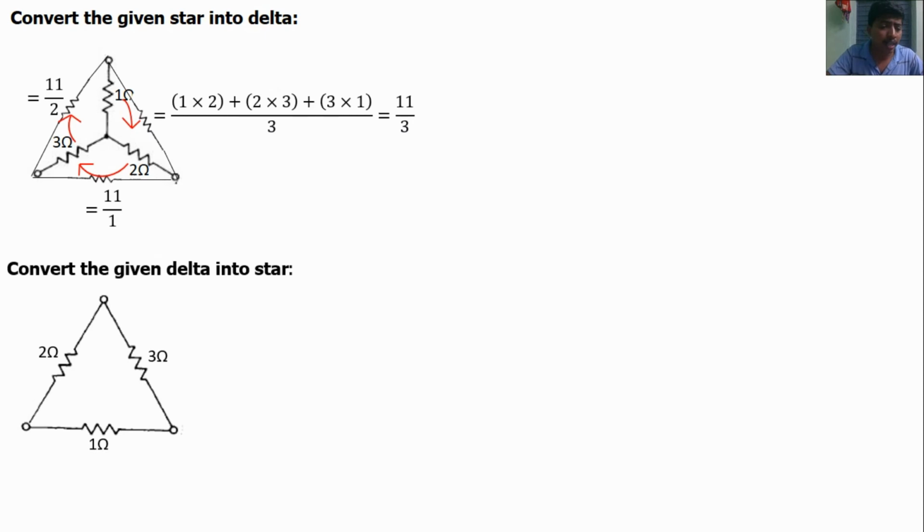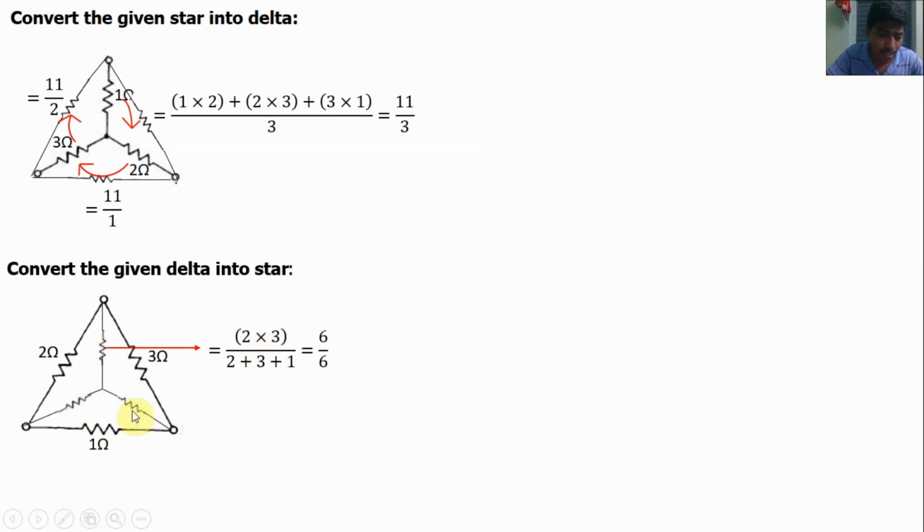Second problem, convert the given delta into star. For the conversion of star into delta or delta into star, sketch the star around the delta. The objective is to find the star values. For the star resistance where 2 ohm and 3 ohm are connected at the star terminal, the value is 2 into 3 divided by the sum of the resistances, 2 plus 3 plus 1, which is 6.